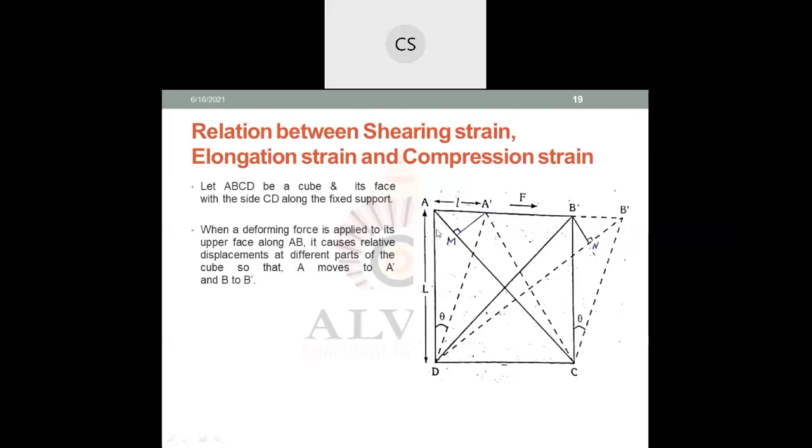A tangential force is applied from the top in this direction, so the cube will undergo shear. Because of the tangential force, the corner A shifts to A dash, and B shifts to B dash.